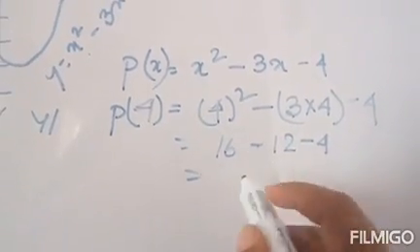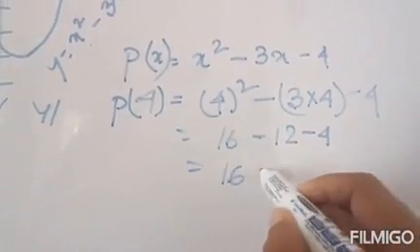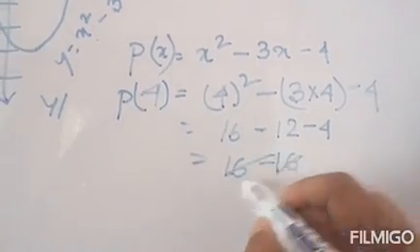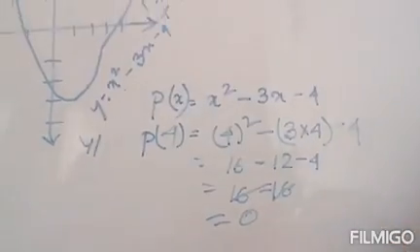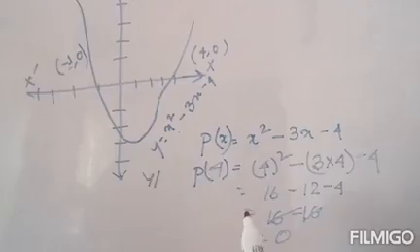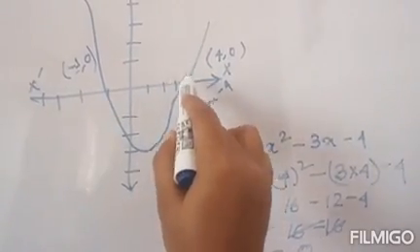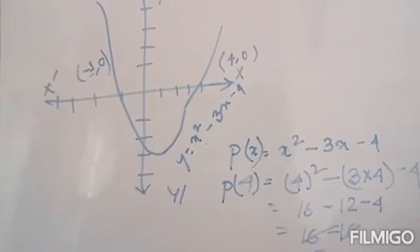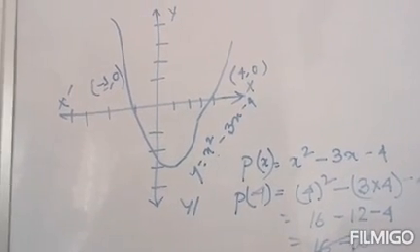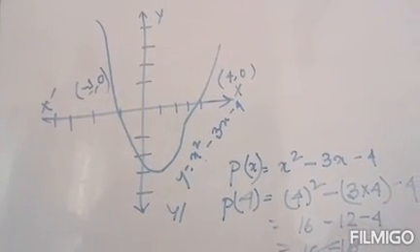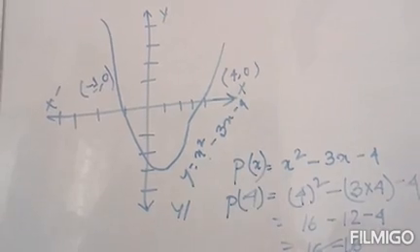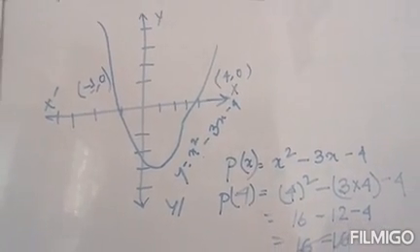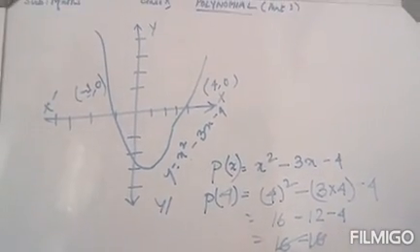Now 12 plus 4 means 16, so 16 minus 16 means 0. Hence we can see in this case also, wherever a graph strikes the x-axis, the x-coordinate is the zero of the polynomial for that equation.